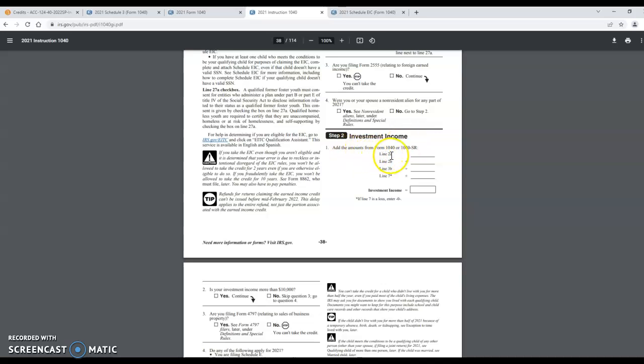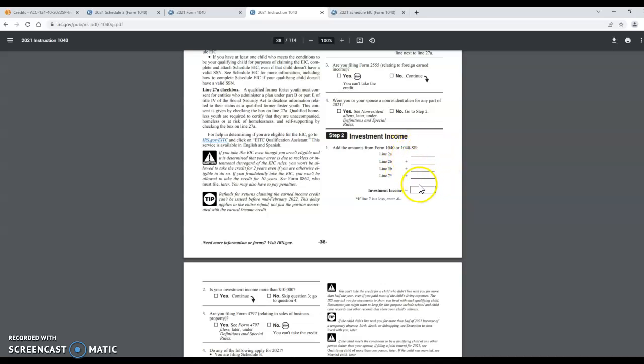Here we need to add amounts from line 2A and 2B, that's tax-exempt interest and taxable interest, and 3B, which is dividends, and line 7, which is some capital gains, some other investment-related stuff.